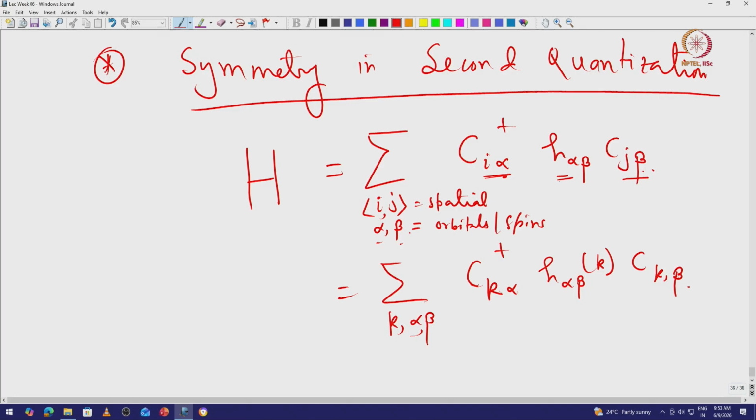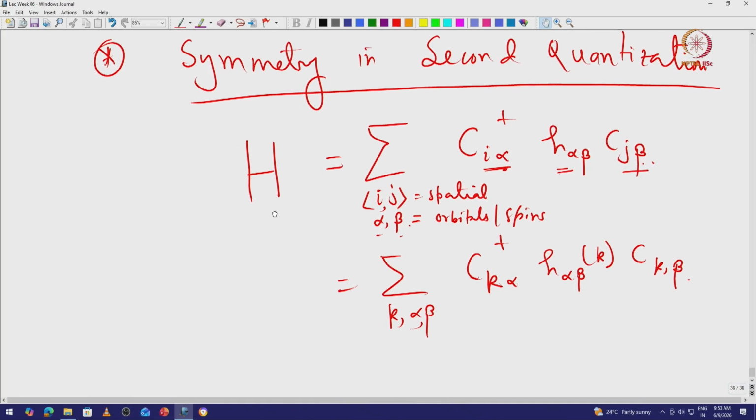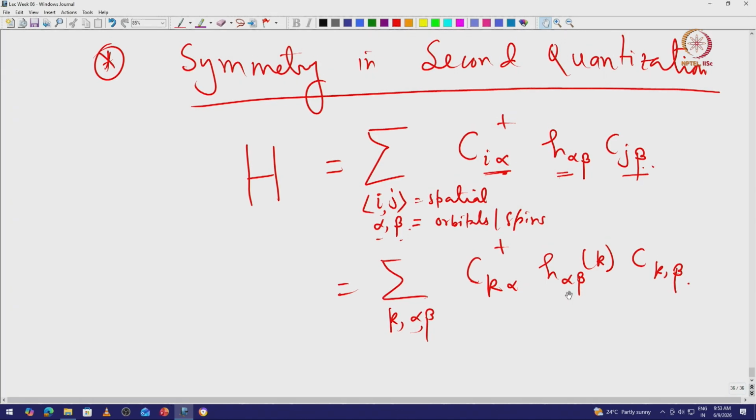Now in the second quantization we seem to have two Hamiltonians to look into, and this is where things get interesting. One is the actual Hamiltonian, and then we have a matrix element of the Hamiltonian in real space or in momentum space, which is a matrix in the orbital basis at given k points.